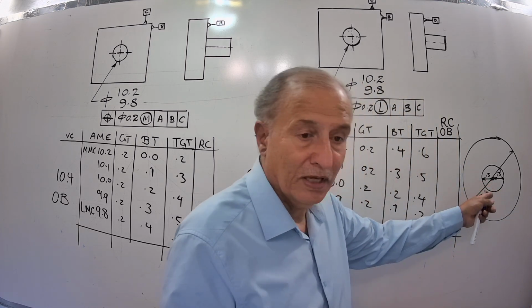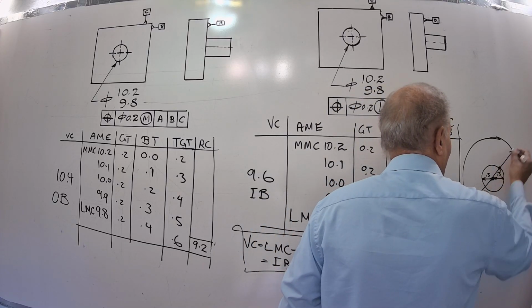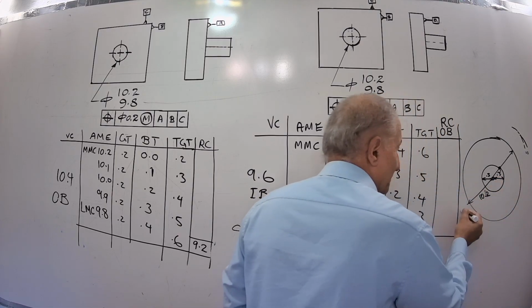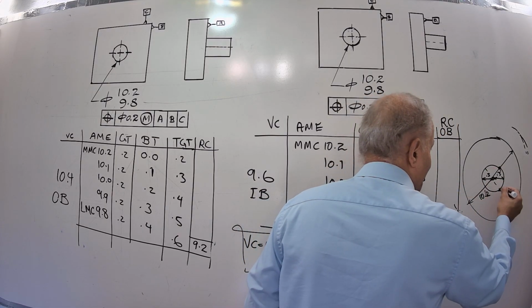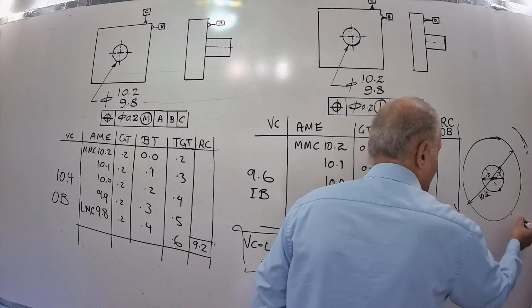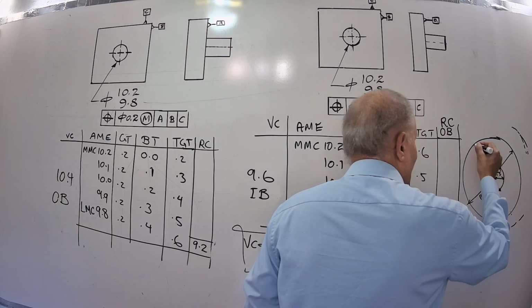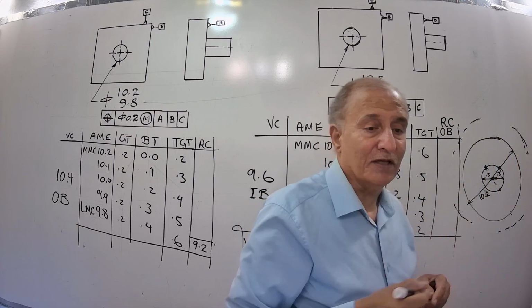But if you shift it in this direction, then the shaft axis should be here. If you shift it in this direction, the shaft should be here. And if you shift it in this direction, center will be shifted here. The shaft will be here. Otherwise, if your center is here, the shaft will be here. I just draw a part of the circles.